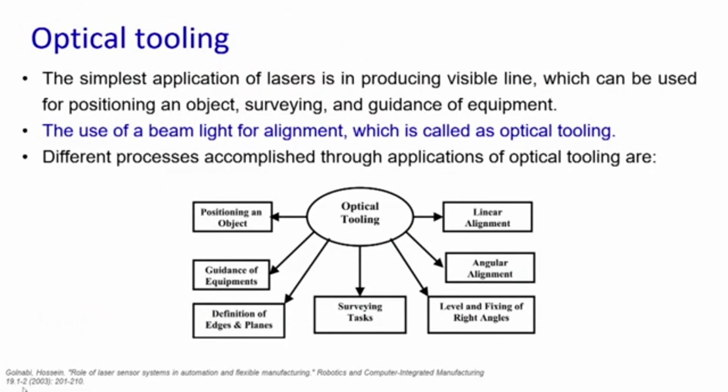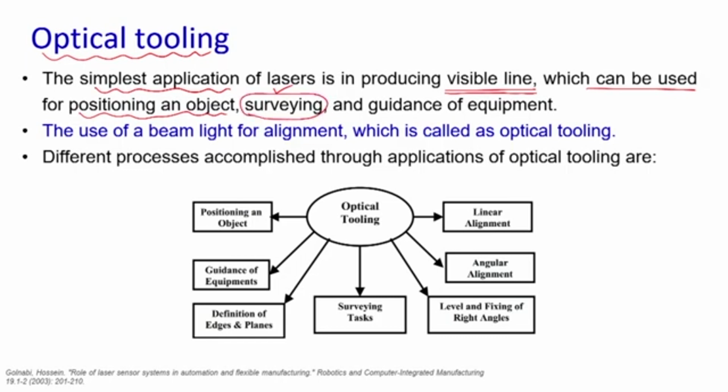The next application is in optical tooling. It is the simplest application of lasers, for producing visible lines. In this case we generate visible lines, and these lines can be used for positioning an object, and are also used for surveying.